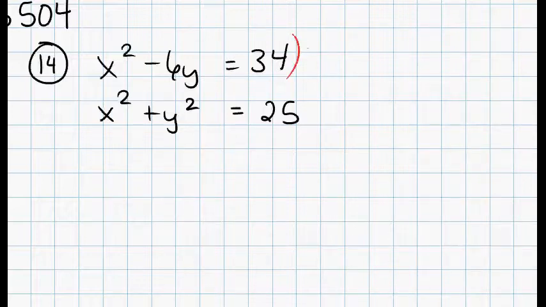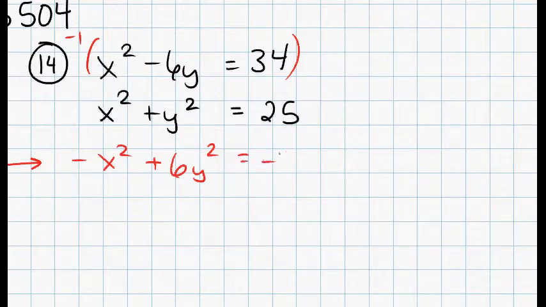Welcome back. I would multiply the top one by a -1. So it would be -x squared plus 6y squared equals -34.